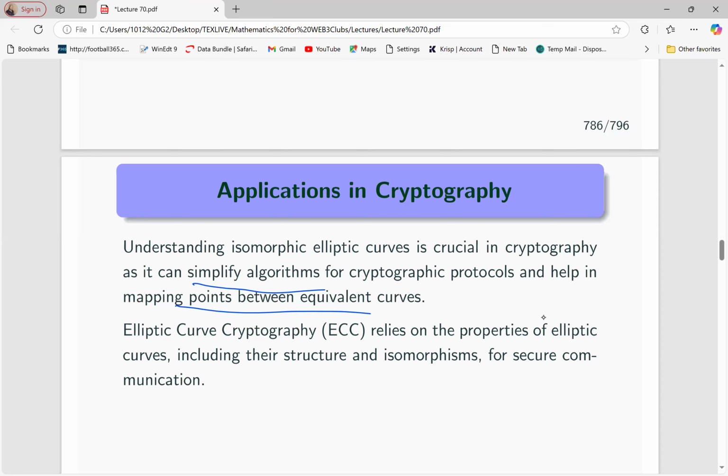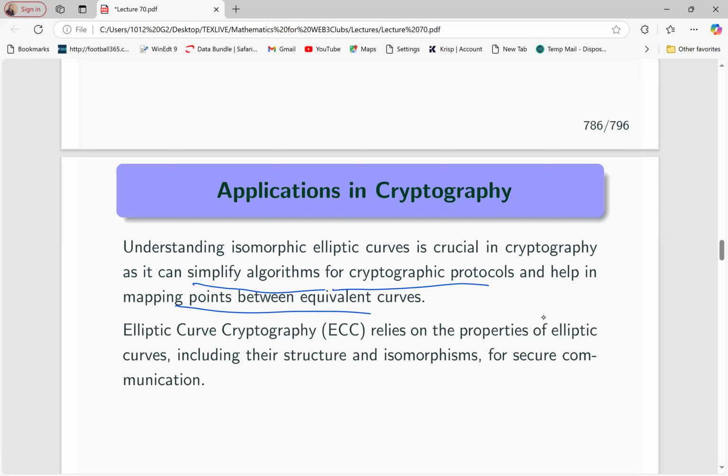You're given two different elliptic curves and you want to map one point of elliptic curve A to another point of elliptic curve B. Then you require the knowledge of isomorphism of elliptic curves. Of course, when you want to simplify algorithms for cryptographic protocols, the knowledge of isomorphism of elliptic curves becomes very important.